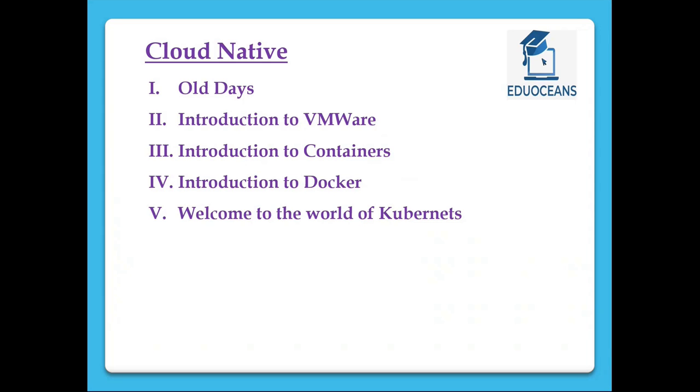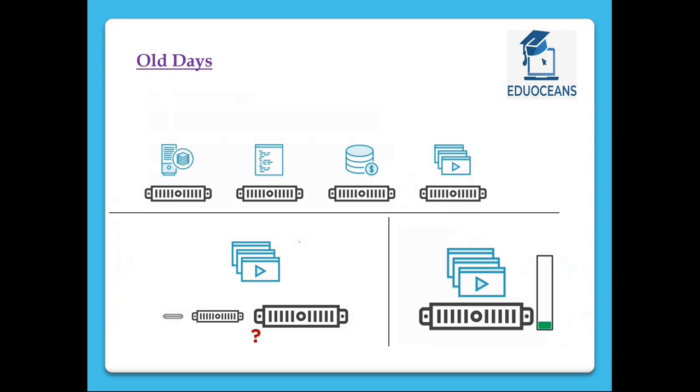Okay, let's go line by line. What used to be there in the earlier days? In the old days, we used to have some sort of dedicated infrastructure, saying I want one application for database storing, or some sort of media application. So let's focus on the first part first.